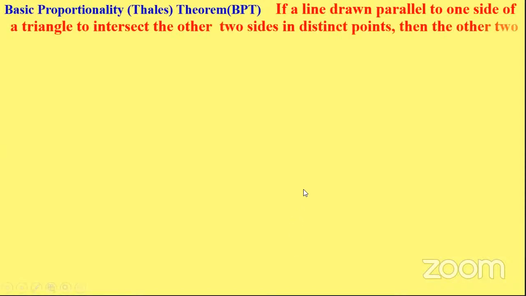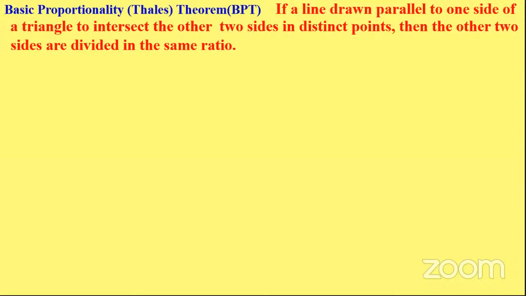Again the theorem. Arun Kumar, read the theorem. Basic proportionality theorem, Thales theorem: if a line is drawn parallel to one side of a triangle to intersect the other two sides in distinct points, then the other two sides are divided in the same ratio.